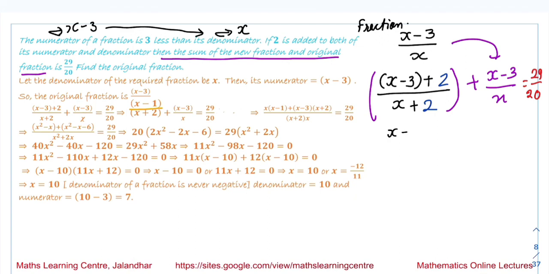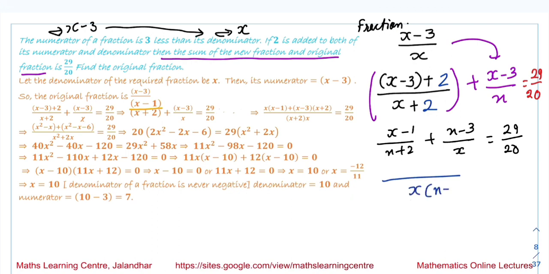So this equation will become (x - 1)/(x + 2) + (x - 3)/x = 29/20. So now by taking the LCM, we have x(x + 2) as the denominator, and the numerator x(x - 1) + (x - 3)(x + 2), equal to 29/20.